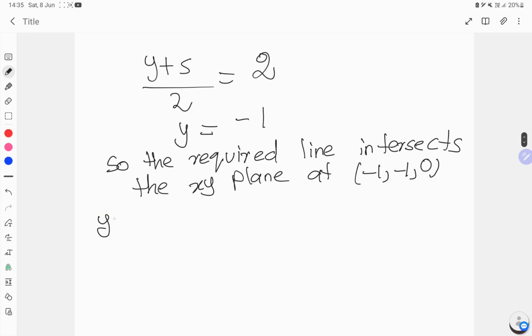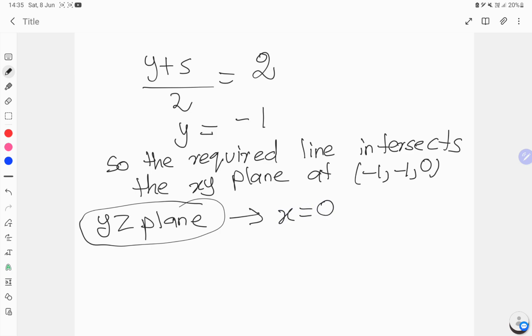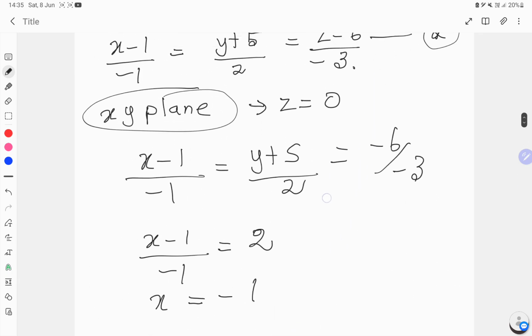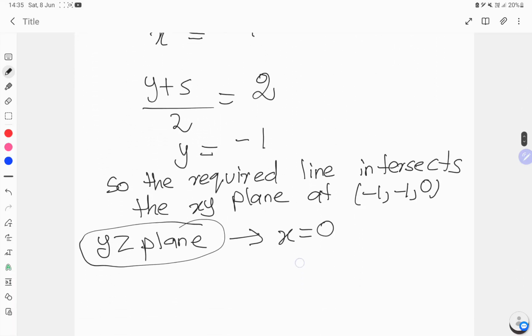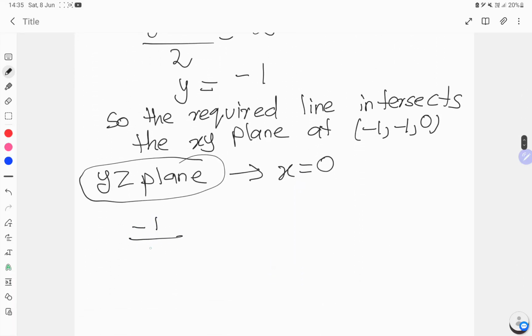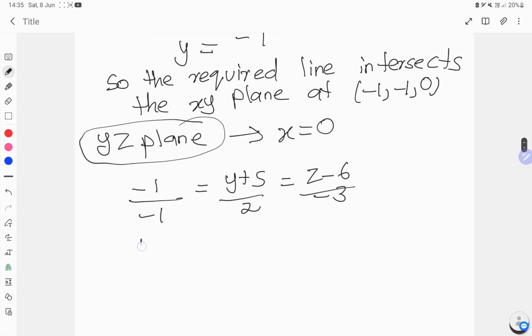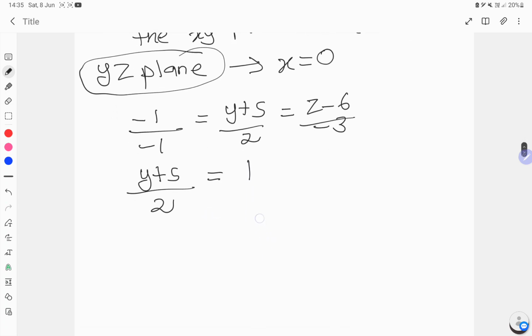Likewise we can take a yz plane. Here x equal 0. Therefore we substitute in the star equation x equal 0. Therefore we get minus 1 over minus 1, y plus 5 over 2, z minus 6 over minus 3. Then we separate the y components and z components. This one is equal 1.